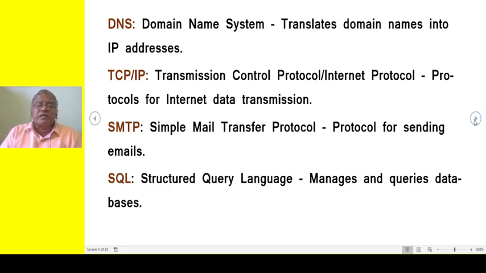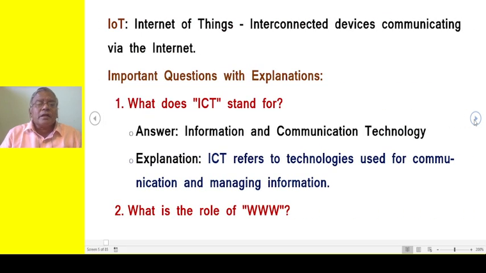SMTP, Simple Mail Transfer Protocol, a protocol for sending emails. Then SQL, Structured Query Language. It manages and queries databases. Then IoT, Internet of Things, interconnected devices communicating via the internet.